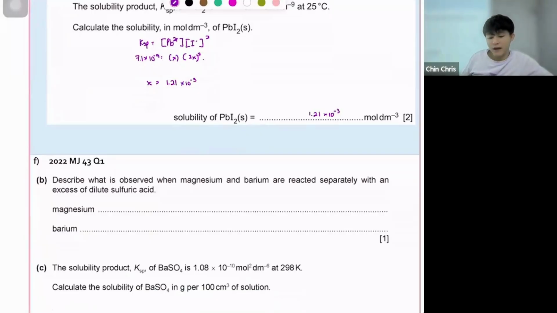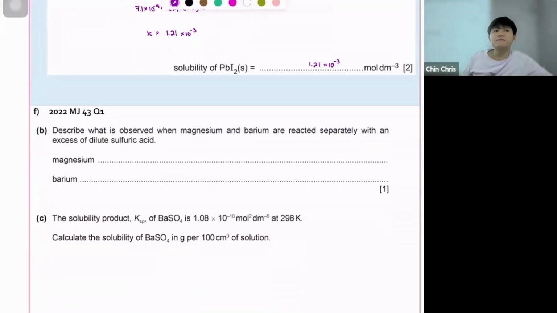So guys, the first part has nothing to do with Ksp, but AS level. When you add Mg into H2SO4, what do you see, guys? Mg plus H2SO4. Oh my god, this is so IGCSE. What do you see, guys? Effervescence, well done. What else?